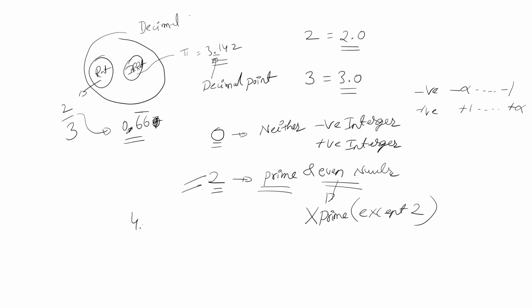If you take 4, 6, 8, 10, all are divisible by 2. 4 has factors 1 and 4, and again 2 is another factor, so now it is 3 factors. So it's not a prime number. Prime number means only 2 factors, 1 and itself.